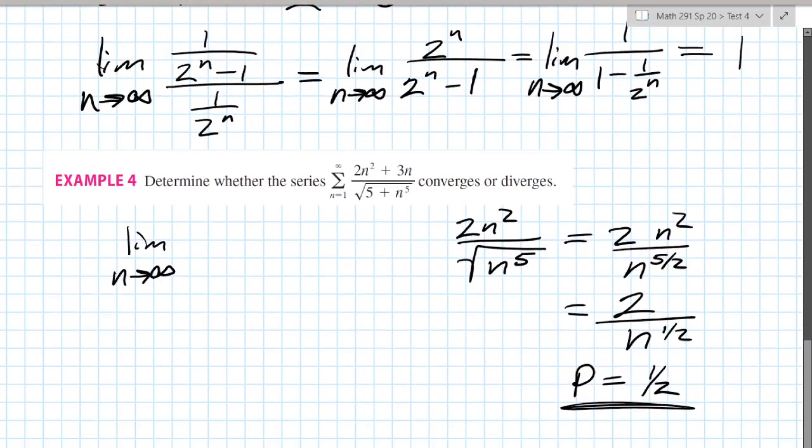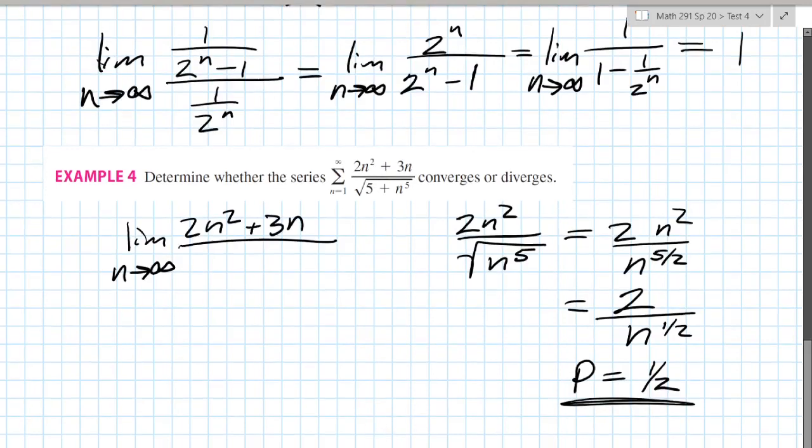What do we know about that? We know that diverges. So if we get a limit that's greater than 0 and finite, then we will know that the answer is diverges. So we have 2n squared plus 3n divided by the root of 5 plus n to the 5th, all divided by 2n squared over root n to the fifth.